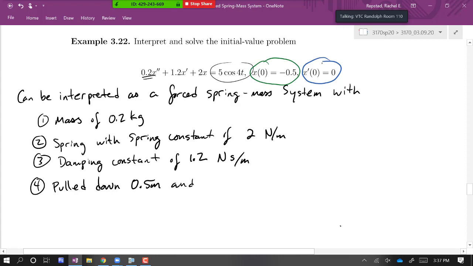It wasn't given an initial velocity, it was simply released. And then the one thing that we haven't explicitly mentioned or written yet is that there's an external force acting on this of 5 times cosine 4t. And that is periodic.